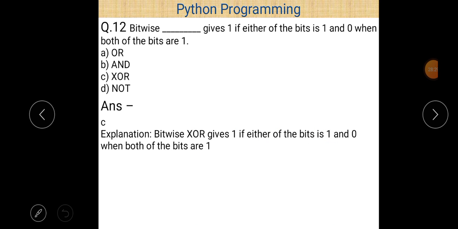Now let us take another question. The question says that bitwise, and there is a fill in the blanks, gives 1 if either of the bits is 1, and 0 when both of the bits are 1. Now that is the definition of the XOR. I already told you.